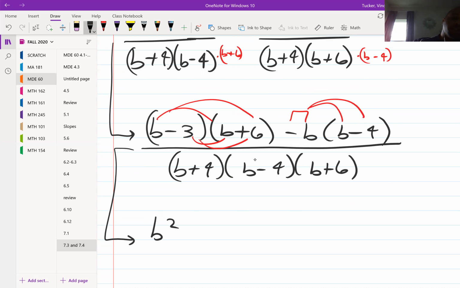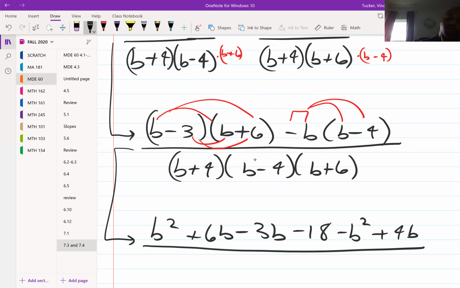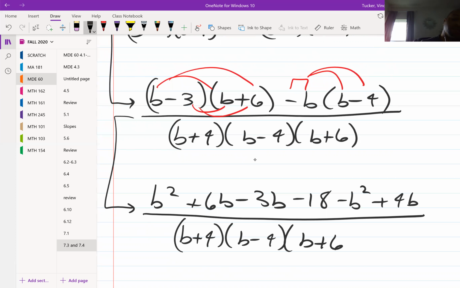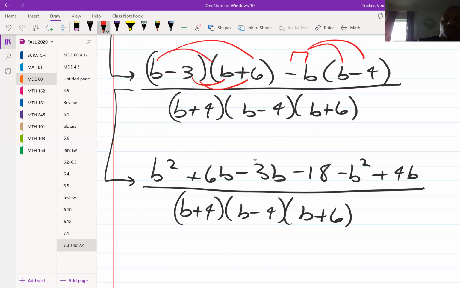So that's b², 6b, negative 3b, negative 18, negative b² plus 4b. All right, so our b² minus b² actually cancels.